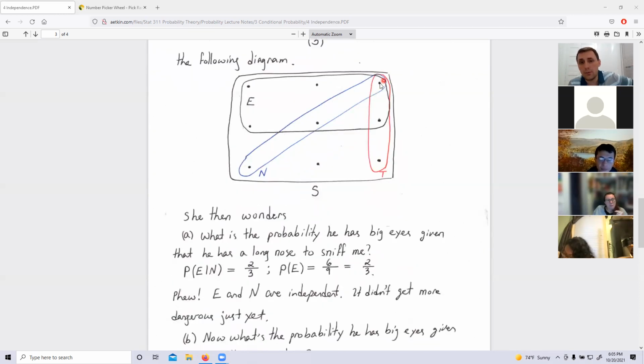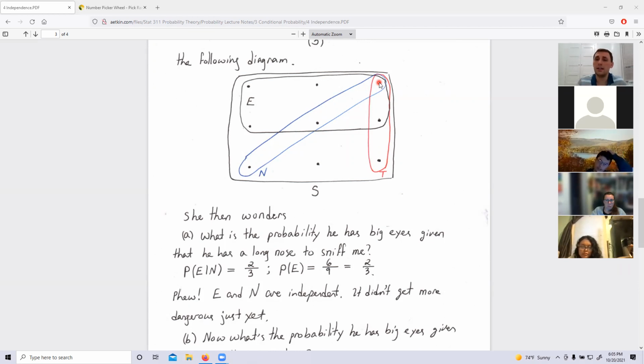Similarly, if you meet an animal with big teeth, the probability that this animal has big eyes is 2 out of 3 again. So E is independent of T. Do you agree? But what is N intersection T? N intersection T is this one point. So the probability of E given N intersect T is 1.